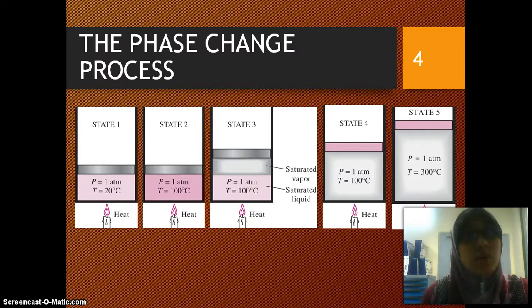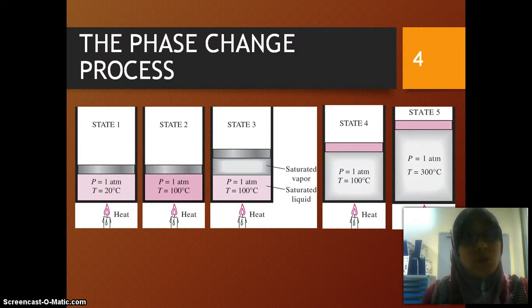As more heat is transferred, part of the saturated liquid vaporizes and it becomes a saturated liquid vapor mixture, since the liquid and vapor phases coexist in equilibrium at this state. Moving to state 4, again the pressure remains the same at 1 atm and the temperature is at 100 degrees Celsius.